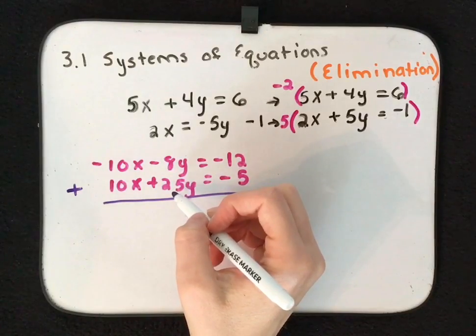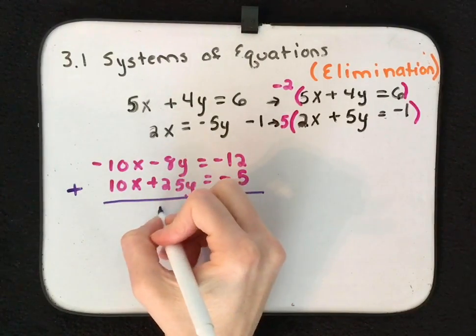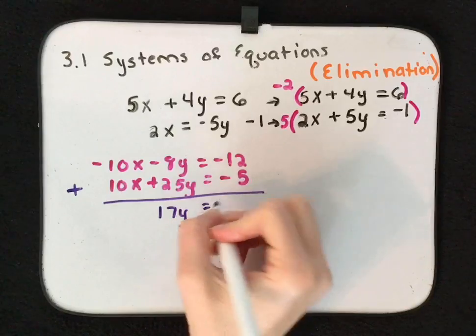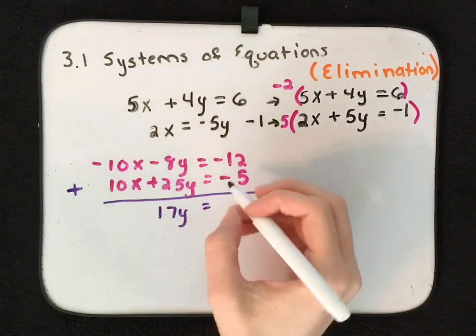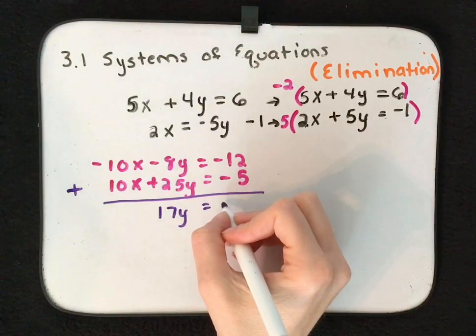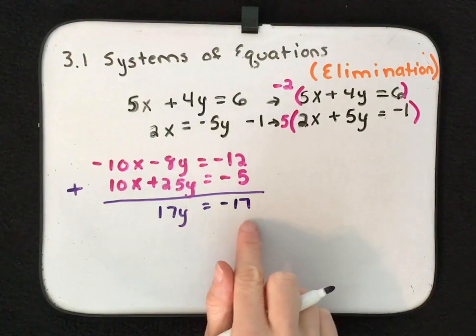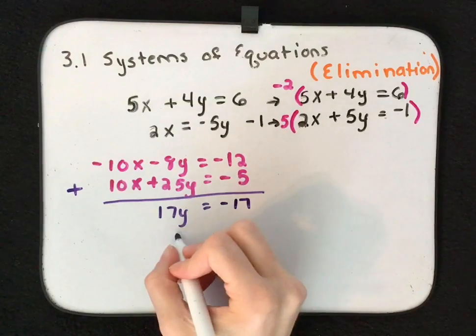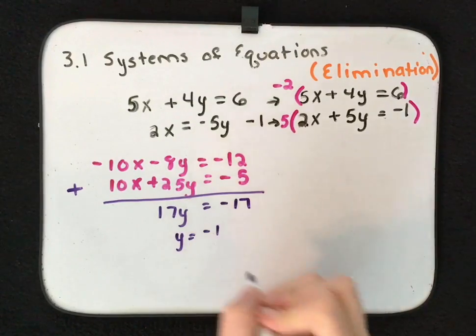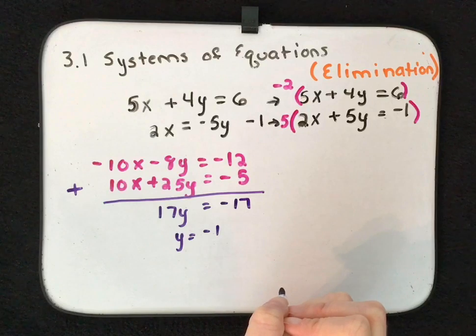Negative 8 plus 25 is 17. Negative 12 plus negative 5 is negative 17. 17y equals negative 17 is what we're left with. We can solve that. We can divide both sides by 17 and we get y equals negative 1.